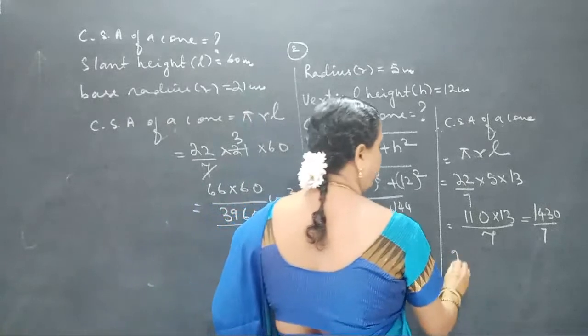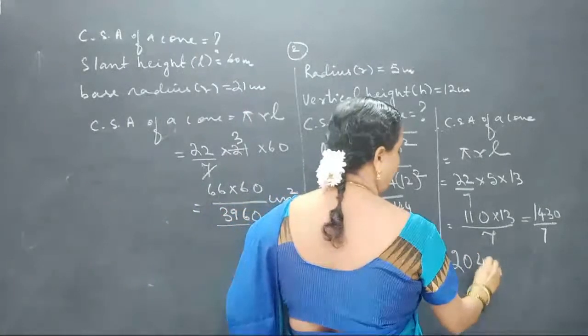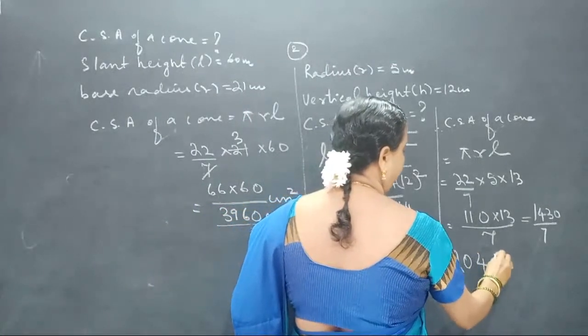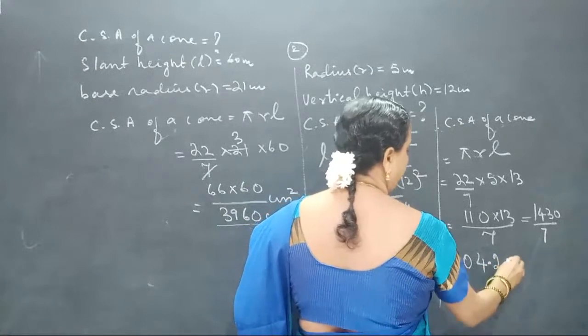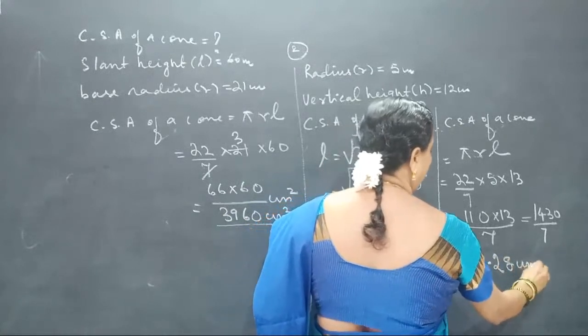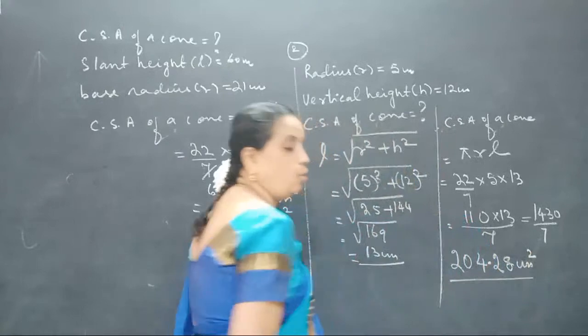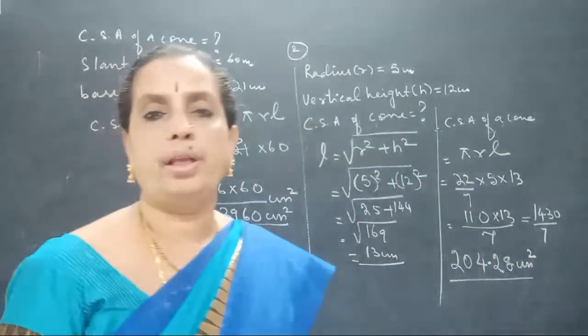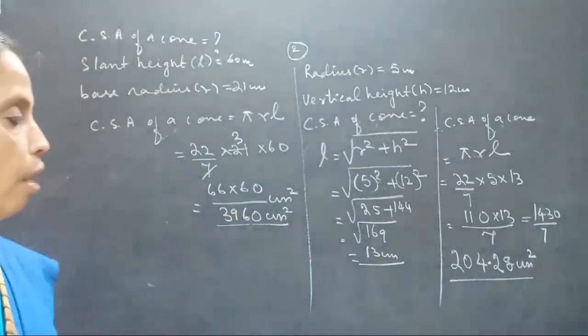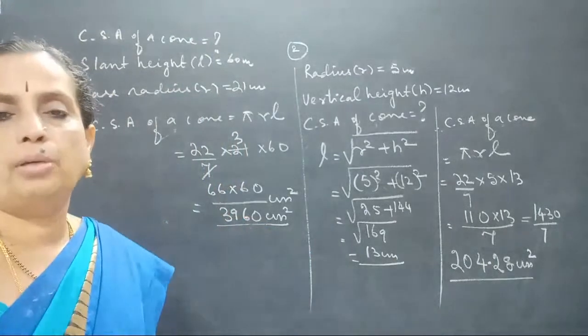Seven twos are 14, seven fours are 28. Please check your answer. You have to show the working in the working column. Then you have to check your answer from the board.